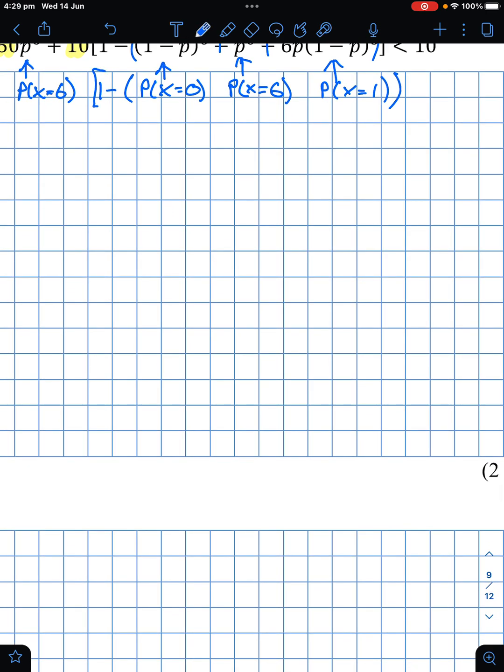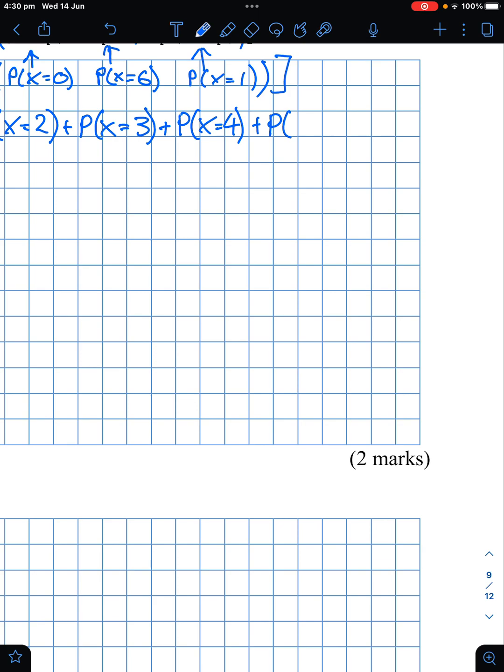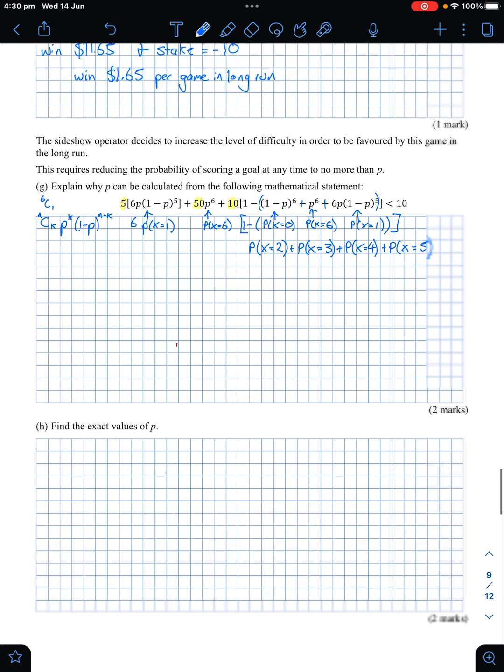This statement here is the same as the probability that x equals 2 plus the probability of x equals 3 plus the probability x equals 4 plus the probability of x equals 5. Now, when we look at this statement here, we've got the probability that x equals 1, the probability that x equals 6, 2, 3, 4, 5.